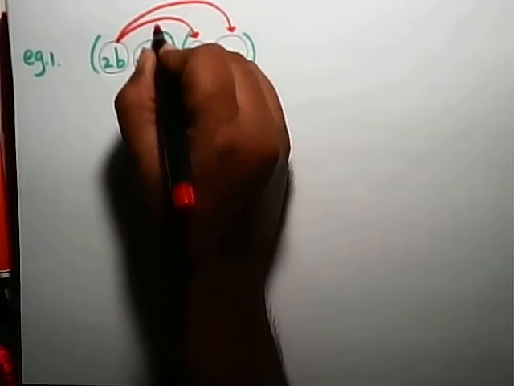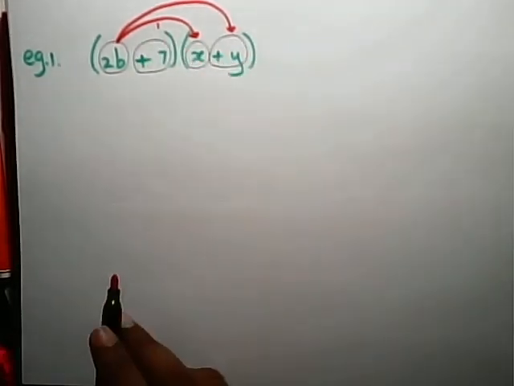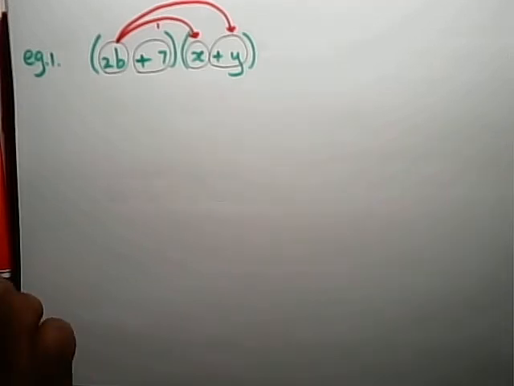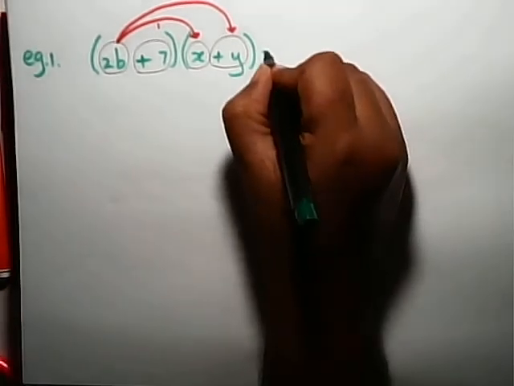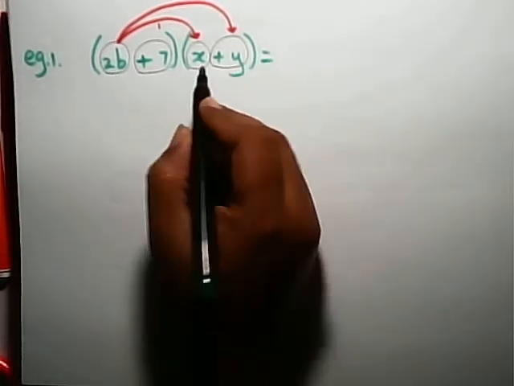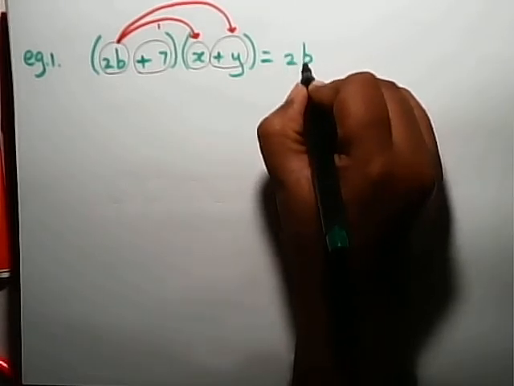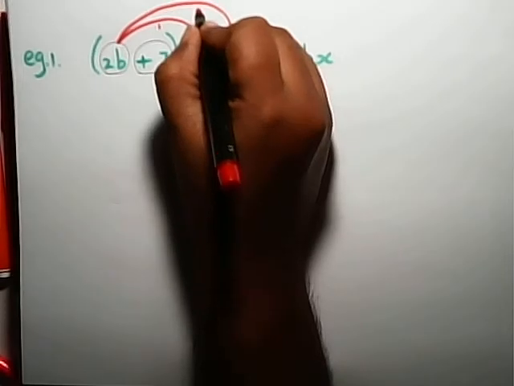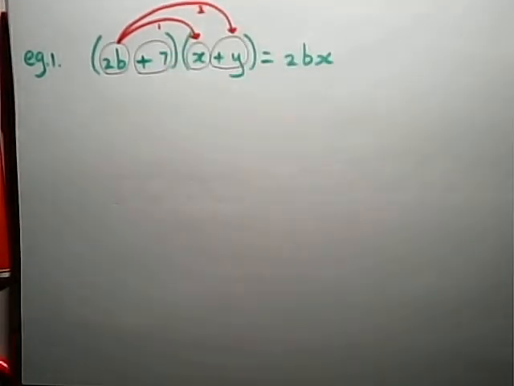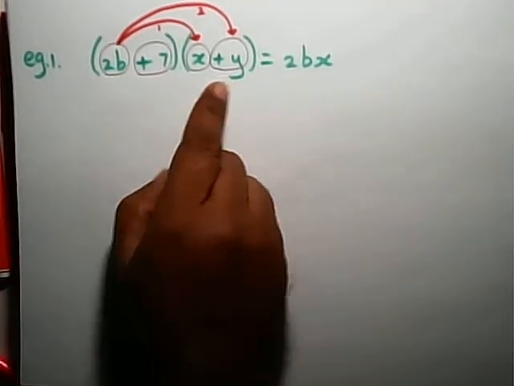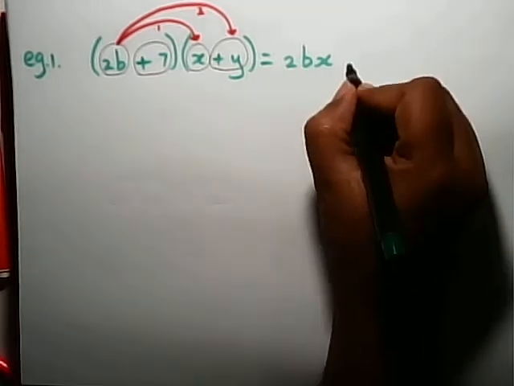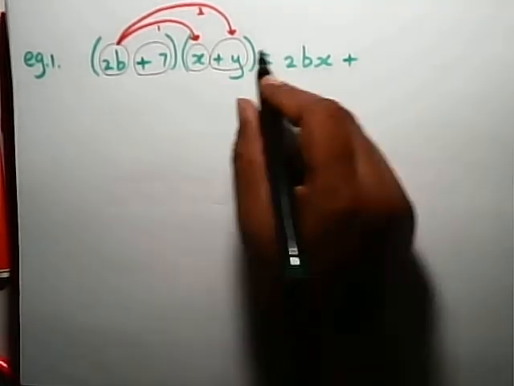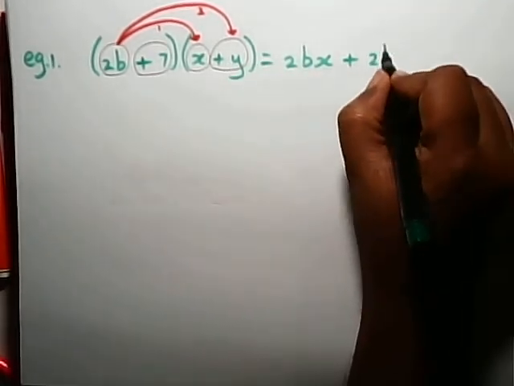So we'll do it in steps. Step 1, we take 2b and multiply it to x. 2b multiplied to x gives us 2bx. Then step 2, we take 2b and multiply it to y. 2b multiplied to y will be 2by.